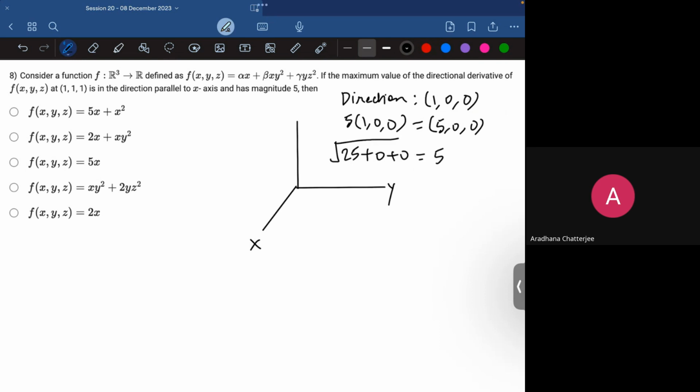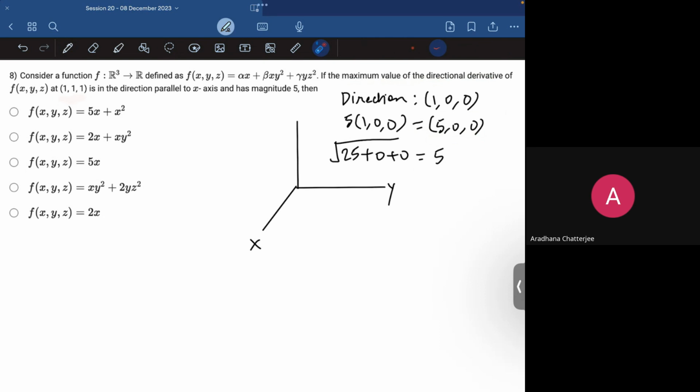So this particular direction is parallel to the x-axis and also has magnitude 5. So the maximum value of the directional derivative at this point is in this direction. That is what we know.